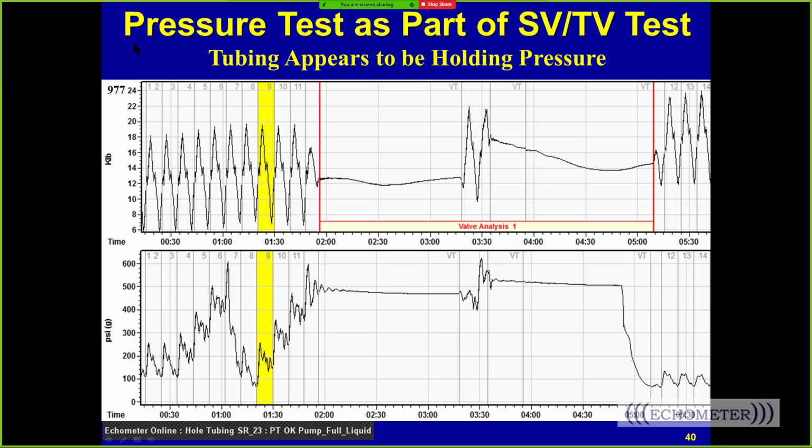So this is a valve test, and here's the pressure during the valve test, and you can see here that we're at the well, we close the valve, and there's 1, 2, 3, 4 strokes, and the pressure's at 600. So we know we're not going to let it go more than 4 strokes.